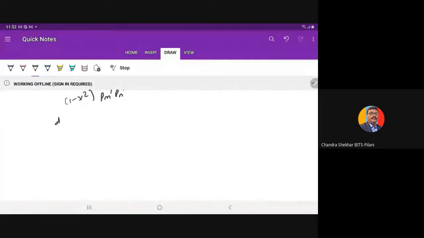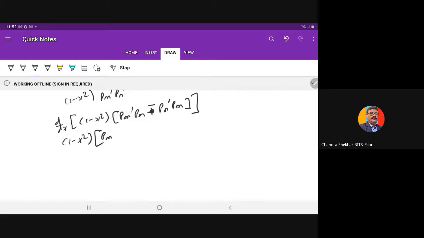I'm saying that when we have d/dx of (1 minus x square) into (Pm dash Pn minus Pn dash Pm), what is the differentiation of this? It is (1 minus x square) and its differentiation is Pm double dash Pn plus Pm dash Pn dash minus Pn dash Pm dash minus Pn double dash Pm.